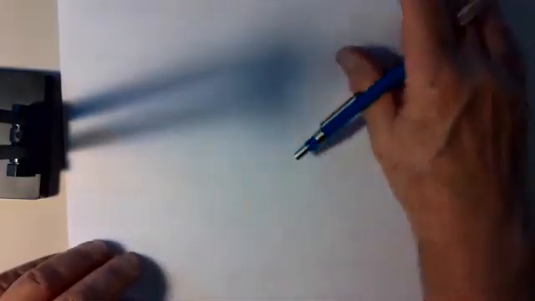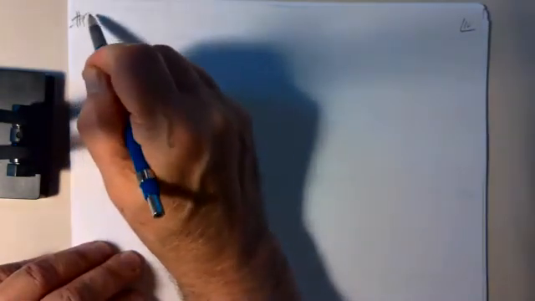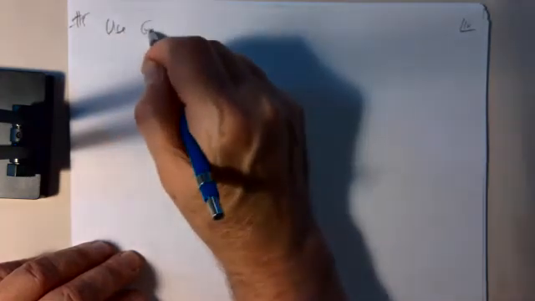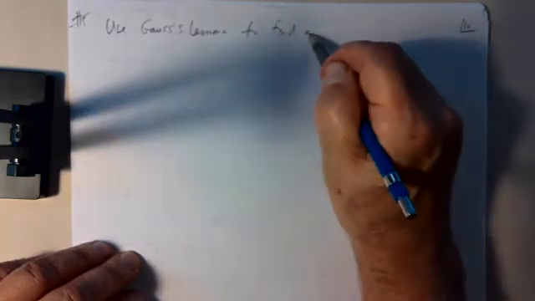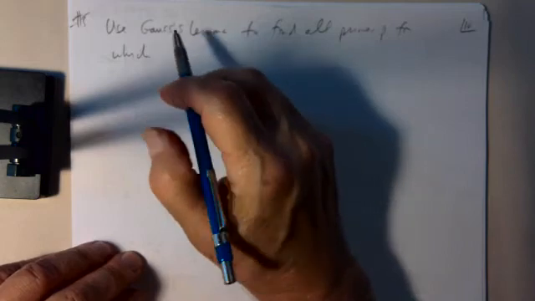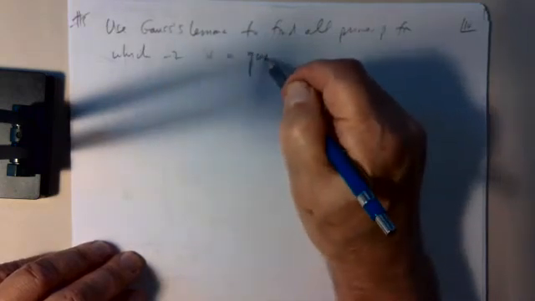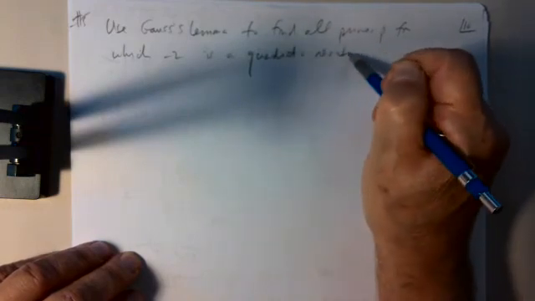Oh, let's look at number 5. So problem number 5 is to use Gauss's lemma to find all primes p for which -2 is a quadratic residue.